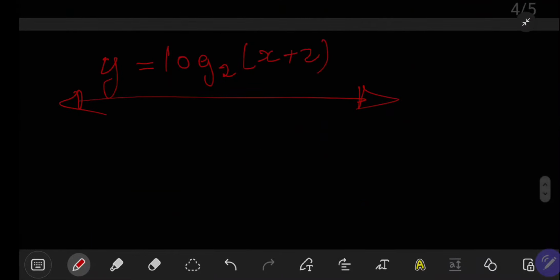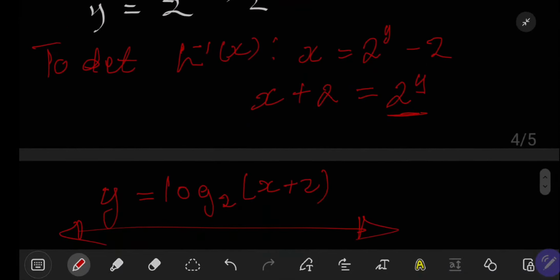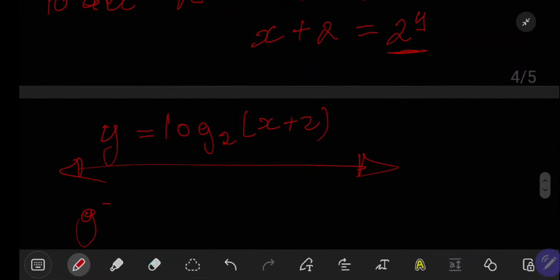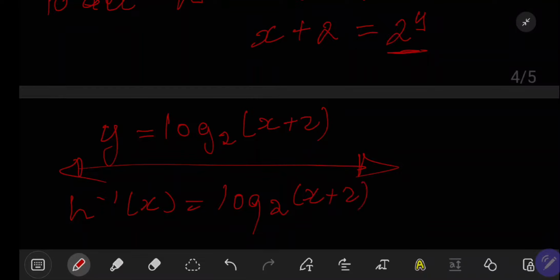This is how we find the inverse. It means h^-1(x) will be equal to log base 2 of (x plus 2). So this is the inverse function. The inverse of an exponential is the logarithm graph. That is the new graph there, which is the logarithm graph, the inverse of the exponential graph.